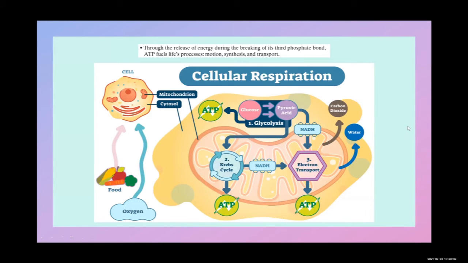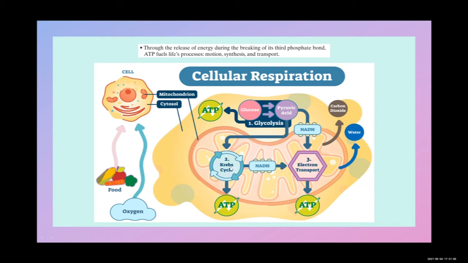So this is just a graphic I want you to see, but I don't want you to worry about it yet. This is for next year mainly. Through the release of energy during the breaking of the third phosphate bond, ATP fuels life's processes: motion, synthesis, and transport. So this is a cell, and inside the cell, it shows you this big mitochondria. All this is really not proportional at all.